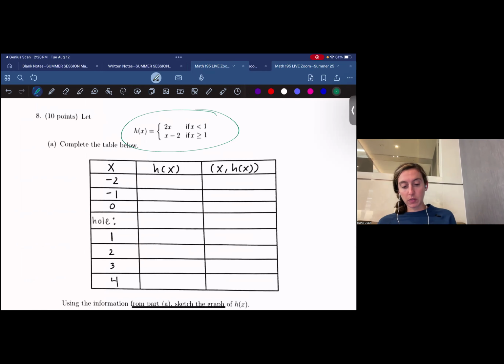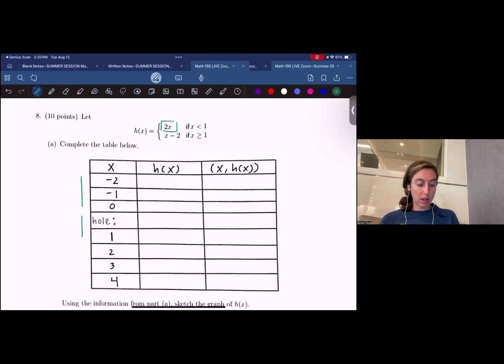We're given this piecewise function. Both of them are linear. And we're just asked to complete the table. So pretty straightforward. For all of our values where x is less than 1, we are going to utilize our 2x.